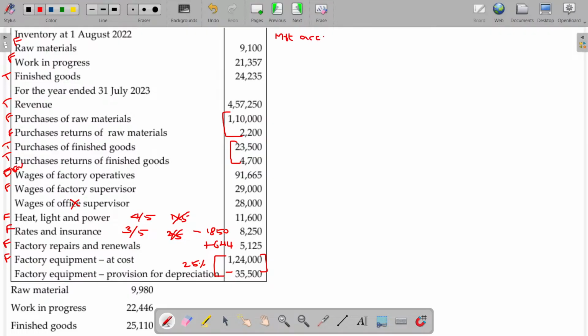Manufacturing account. Okay. Cost of raw material consumed. Under that, opening inventory of raw material, 9,100.